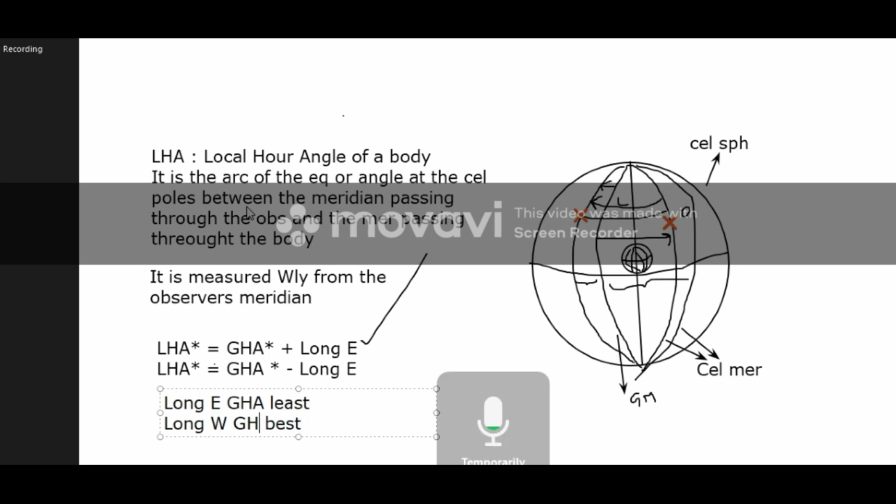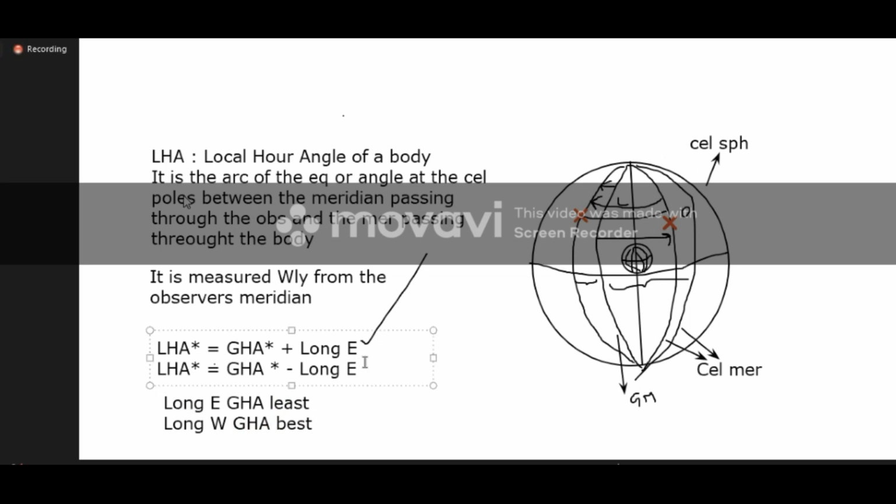Excuse me, sir. हाँ बोलो. Sir, that would be longitude west, no, sir, minus longitude. हाँ ये west है. Correct. Very typo. Plus longitude east, minus longitude west. So longitude east, GHA least, longitude west, GHA best.